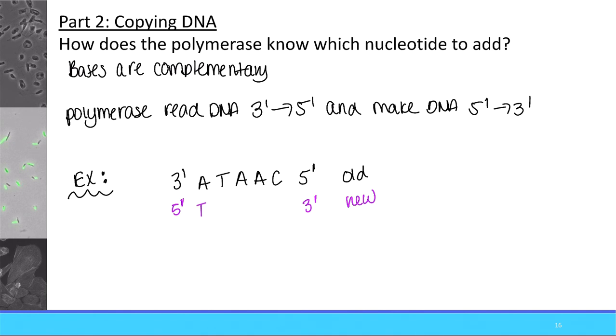A pairs with T, T pairs with A, A pairs with T, and C pairs with G. So this is going to be our new strand. Because the bases are complementary, the polymerase can read DNA and it knows what nucleotides to bring in.